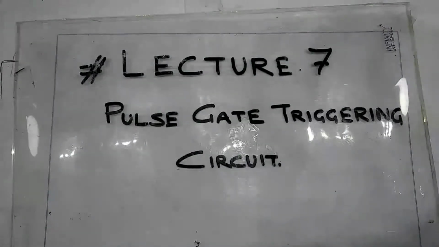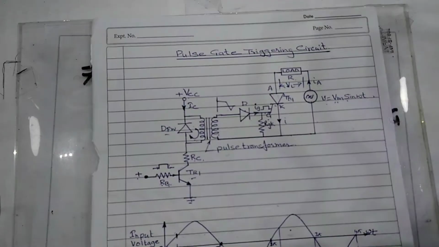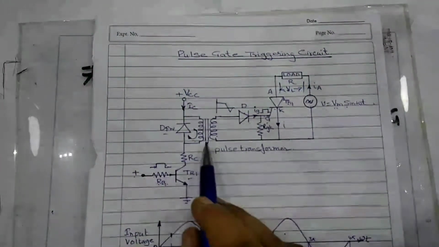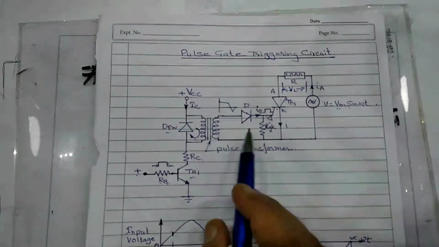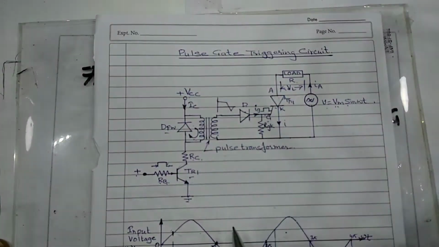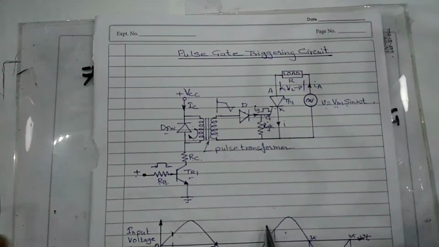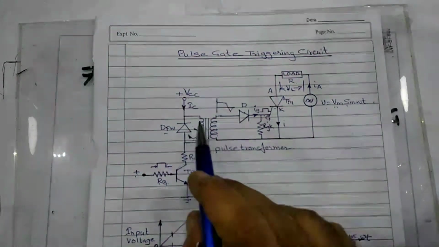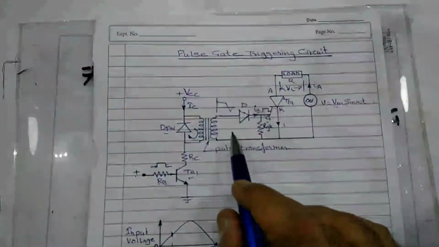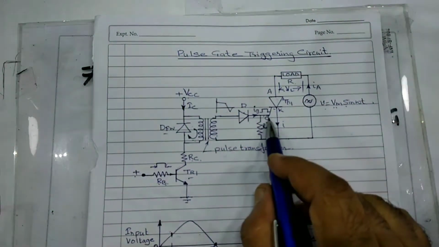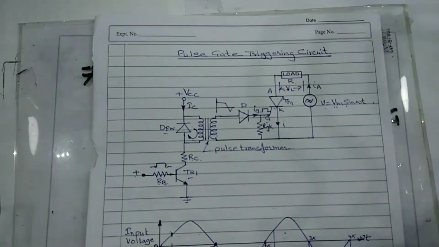So, in this circuit, the gate is totally isolated with the help of a pulse transformer, which is used in the gate circuit. So, the gate is totally isolated from the anode circuit, and the pulse transformer, which is used for isolation between gate and anode, is used for providing a pulse on the gate to trigger on the device.